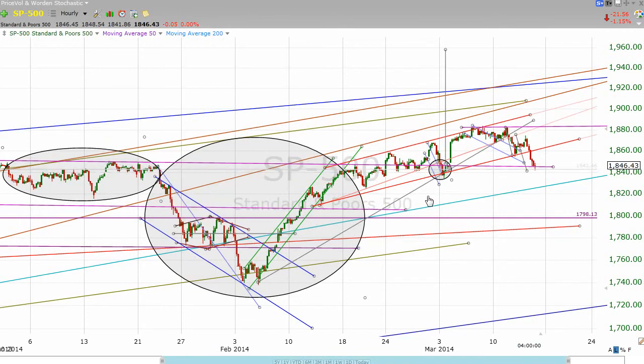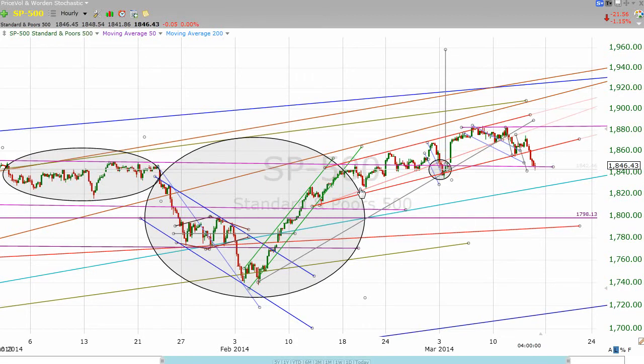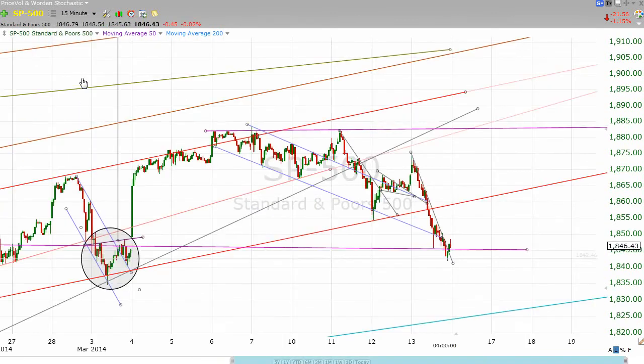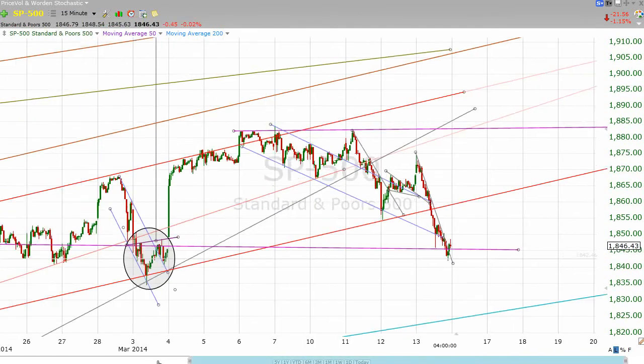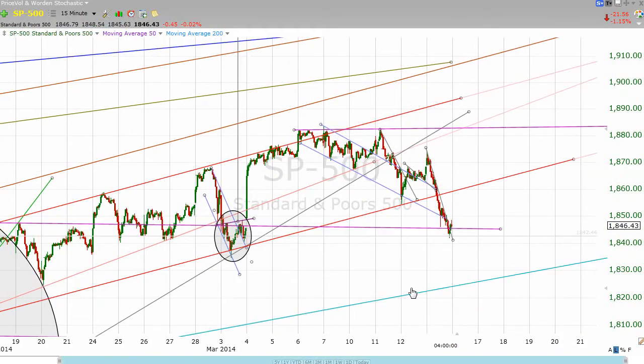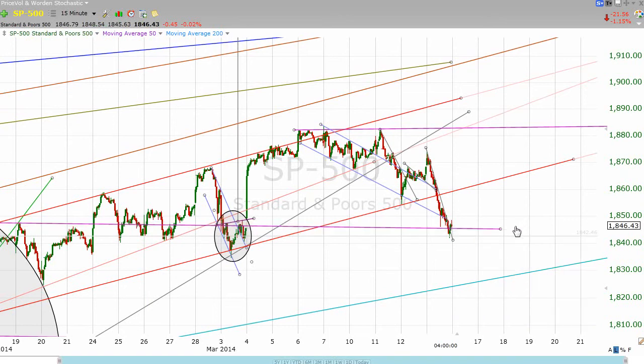And then coming across to the end of the head, I'm using this point right here, which is before we dip down into what may be that little short right shoulder. If we extend that line out and zoom in on it just a little bit, you can see there's that touch right there. You can see that we temporarily got underneath this line but closed just above it.